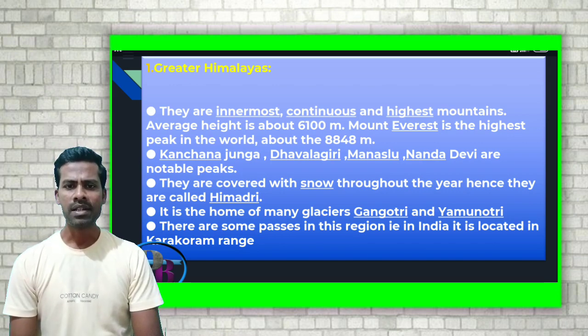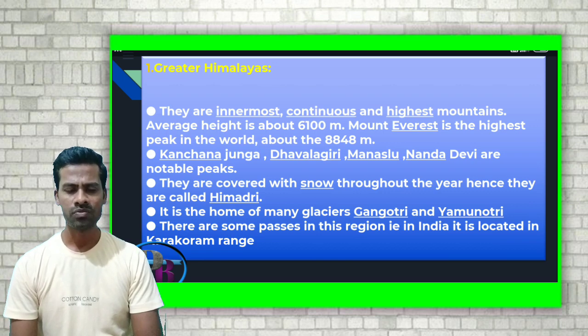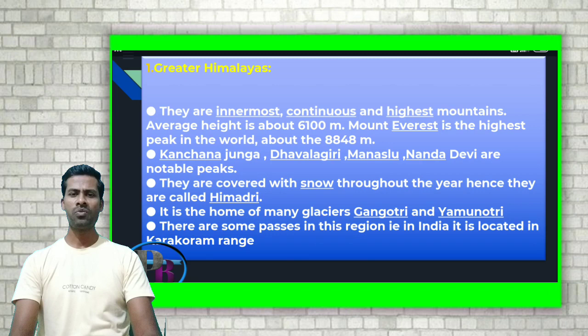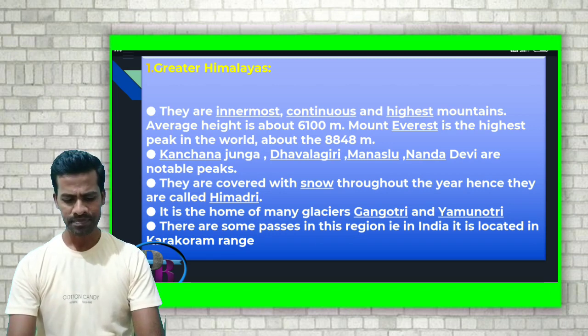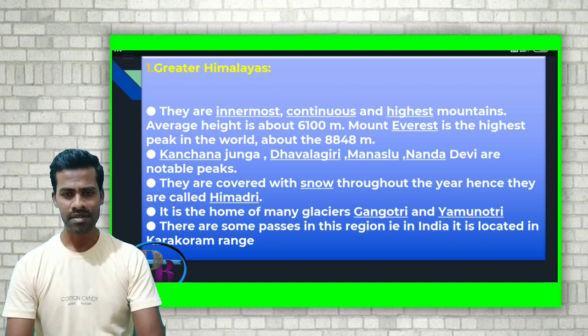This Greater Himalaya is always covered by snow. Because of this factor, we call it Himadri. The Greater Himalaya is always covered by snow, hence it is called Himadri. Moving to the next point, it is the home of many glaciers.